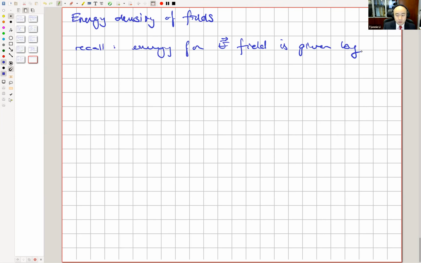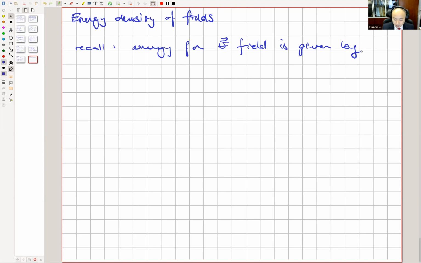We've actually done it again when we talked about the displacement field. Anyone? Just the electric field. Epsilon E squared over 2.